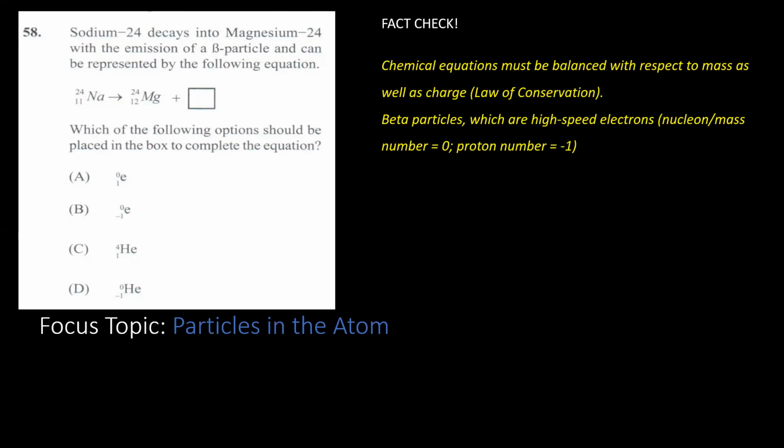So we can see that the mass number needs to remain 0, but the atomic number needs to be -1, so that when we add the 12 to it, we get 11, which is what we get at the end. Now, the only species that corresponds to that is the beta particle, which is a high-speed electron. So the mass of that particular particle is 0, and it has an atomic number or proton number of -1 because the charge is negative. So our answer should be B.